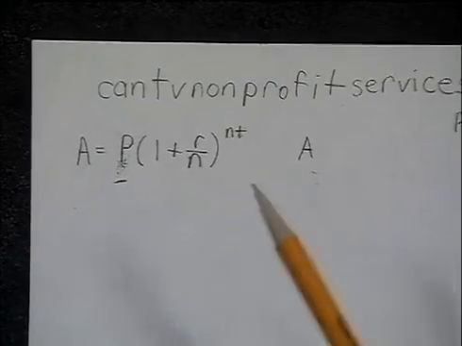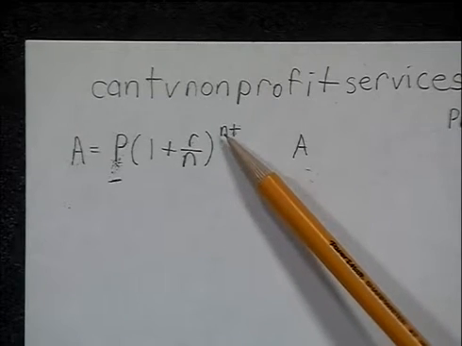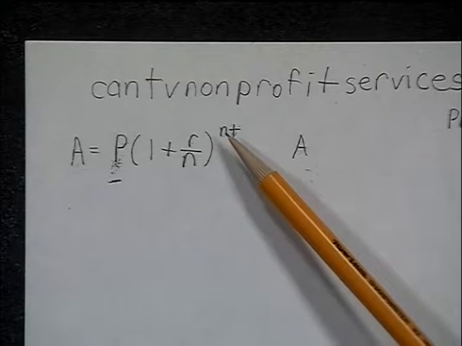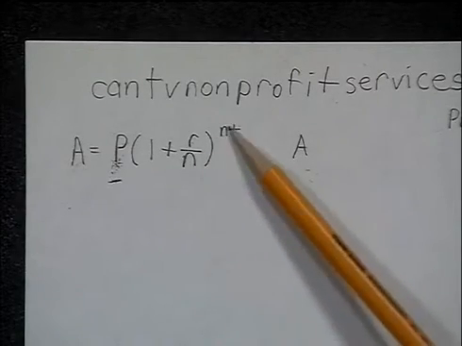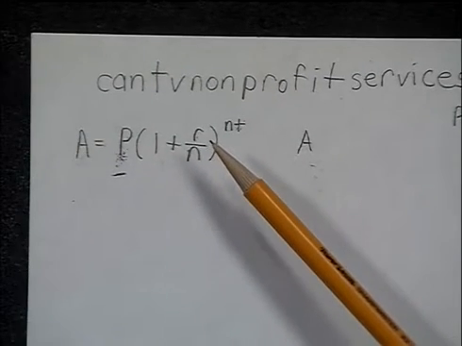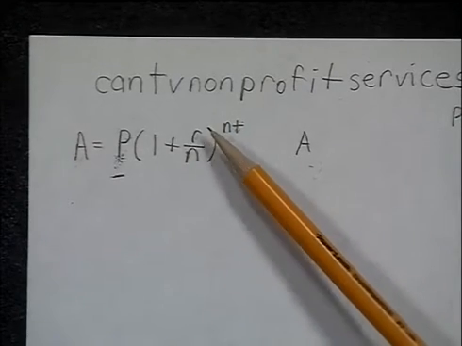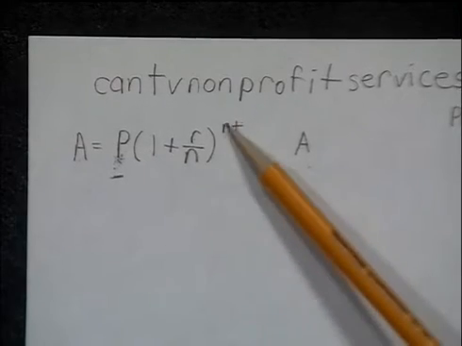And then we also, let's say, know that the bank says that they have products that compound quarterly. Well, you would know N. And let's say the bank offers you 5% compounded quarterly. So you've got R and you've got the frequency at which your money is compounding each year.